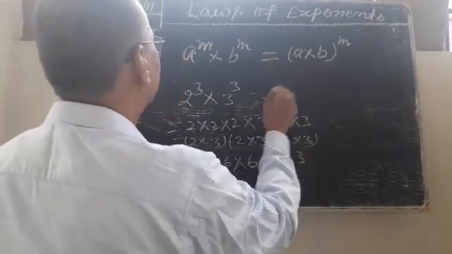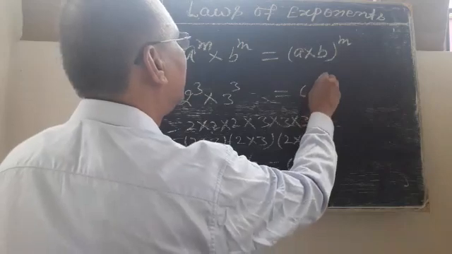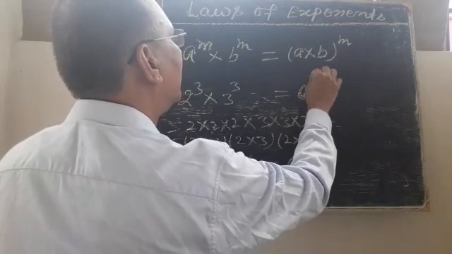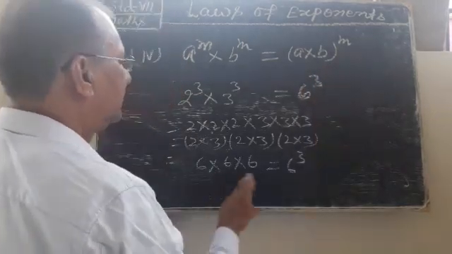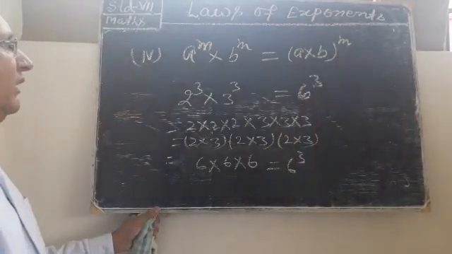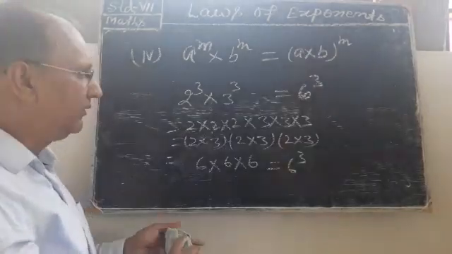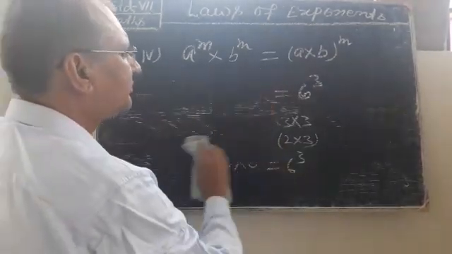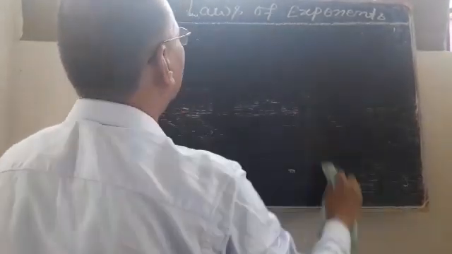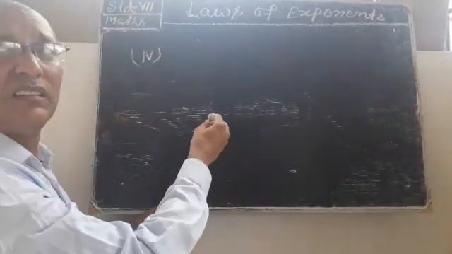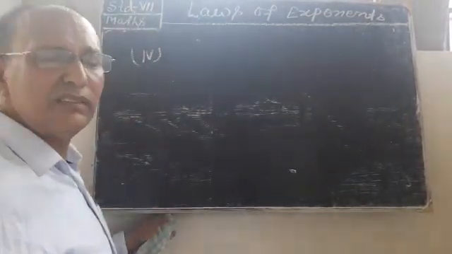And here also 2 3s are 6, 2 3s are 6, whole power 3. So a power m into b power m is equal to a into b whole power m. In this way we can see.